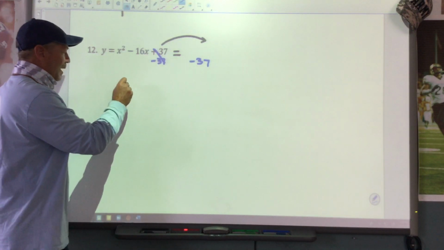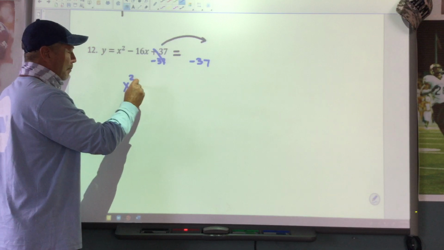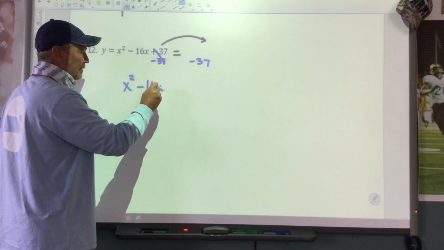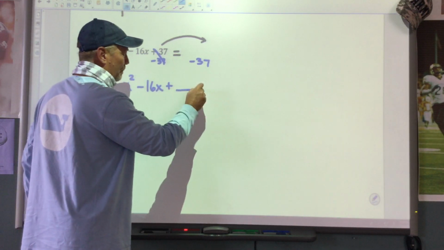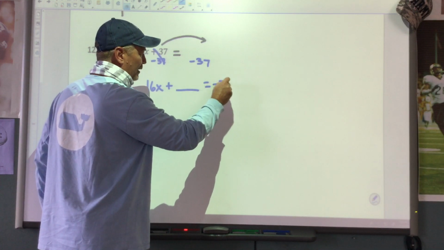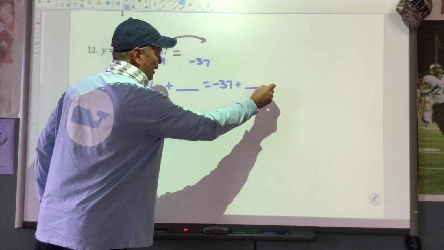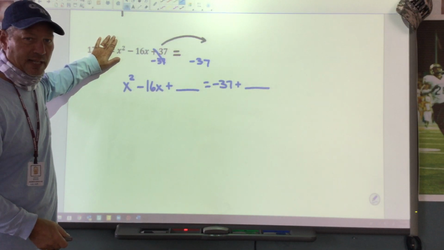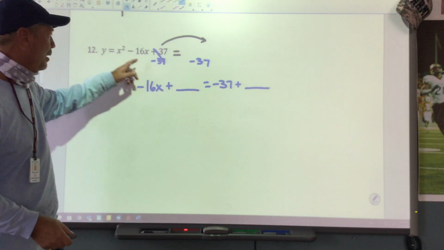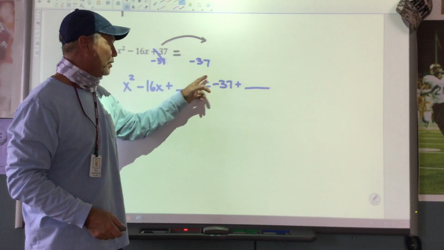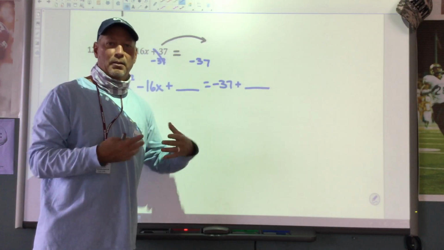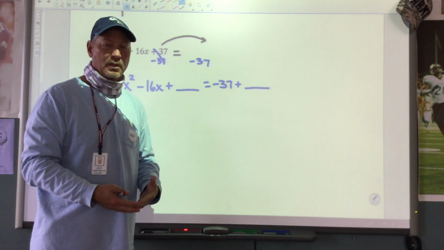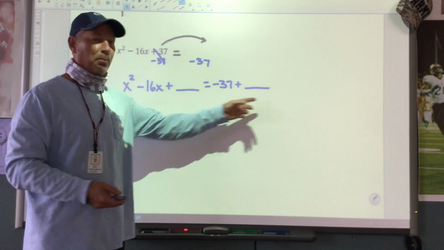I will have x squared minus 16x plus blank equals negative 37 plus blank. So all we did was we kind of delayed or ignored this for a little bit, but I moved my 37 to the other side so I can create a blank so I can complete the square.